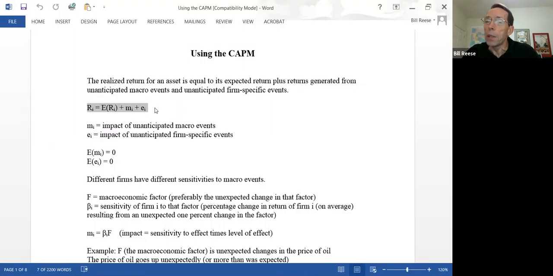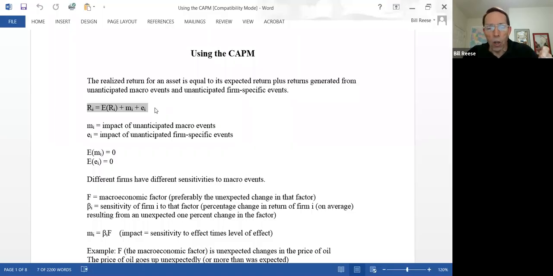But there will truly be some information that comes out that we didn't expect. That happens all the time. That's what news is. It's something that comes out that we did not necessarily anticipate. It could be that we were expecting some good news and the news was even better. So the unexpected component is how much it was better than what we expected. Or maybe we were expecting something bad and it turned out to be worse. Then the unexpected component is how much worse it was than expected.